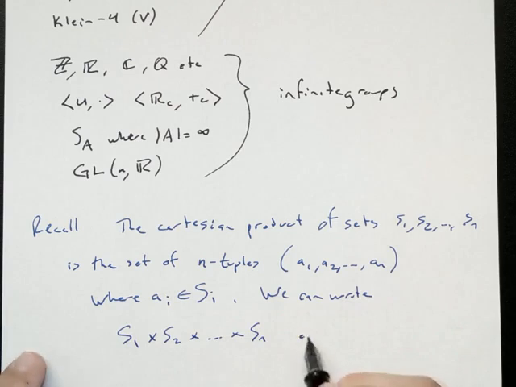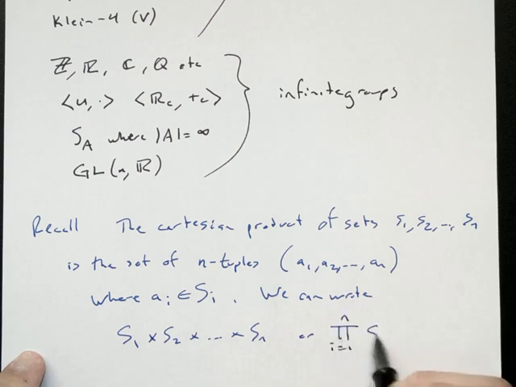Sometimes we write it as a product with a capital Pi for our product notation. I could do infinite sets. We'll save that for another course. I'm not going to do it here.